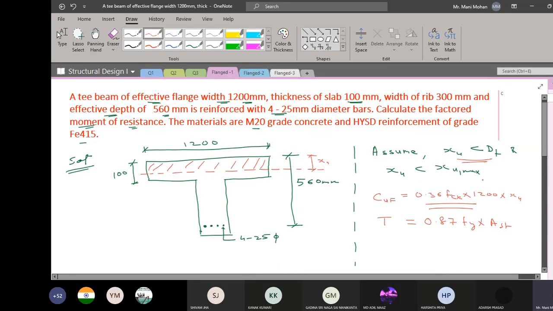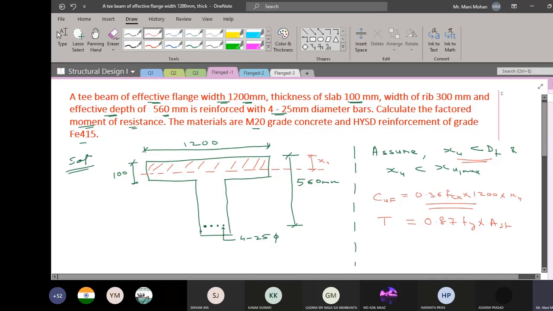Now, in order to avoid this step, or in order to know whether my neutral axis is going to lie within flange or in the web, the other method is to compare the compression force in the flange, the total compression force in the flange, with the tension force in your reinforcement.